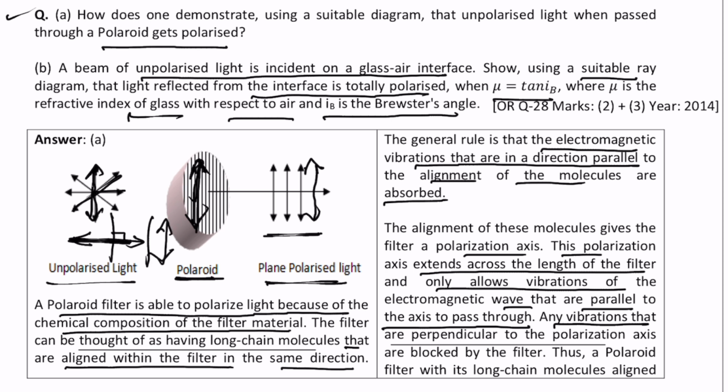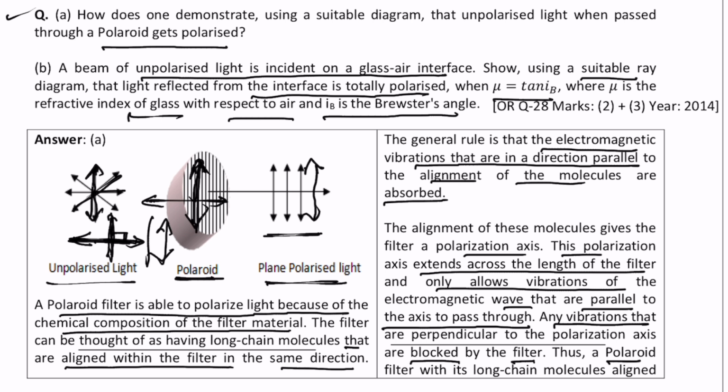So the component along the axis is zero, because at 90 degrees we do not have any component, cos 90 degree, correct? So it will not get transmitted. Any direction which is orthogonal, which is perpendicular to the axis of Polaroid, will not get transmitted. Okay, so it is blocked by the filter.